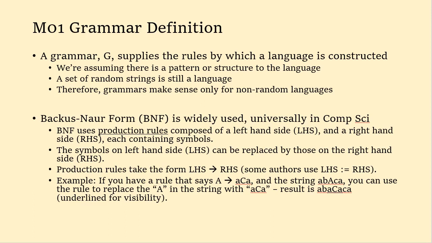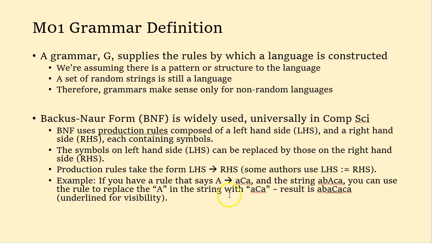So if you have a rule, for example, that says capital A, arrow, lowercase a, capital C, lowercase a, what that's telling you is if you have a string with a capital A in it, you're allowed to replace that capital A with lowercase a, capital C, lowercase a.